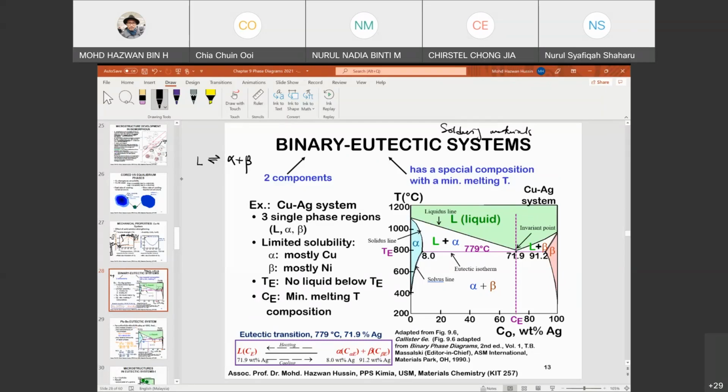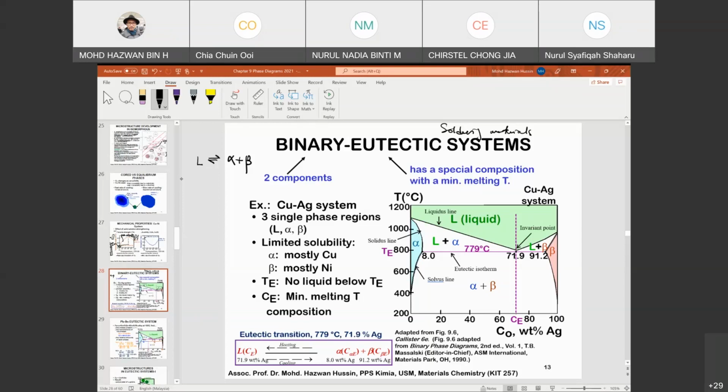Okay. So over here, to understand the phase diagram clearly, you will see that at one end of the sides there's a formation of alpha solid phase, and at the other end it forms beta solid phase.